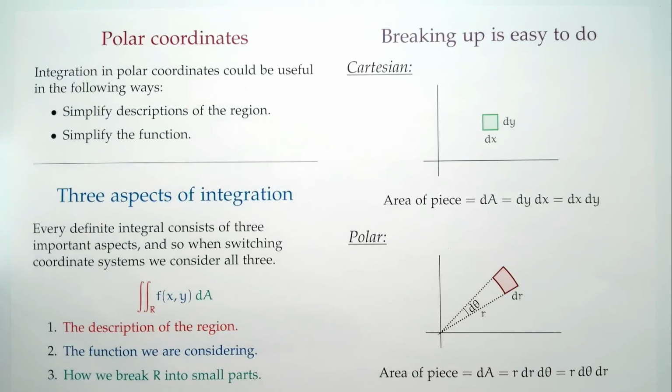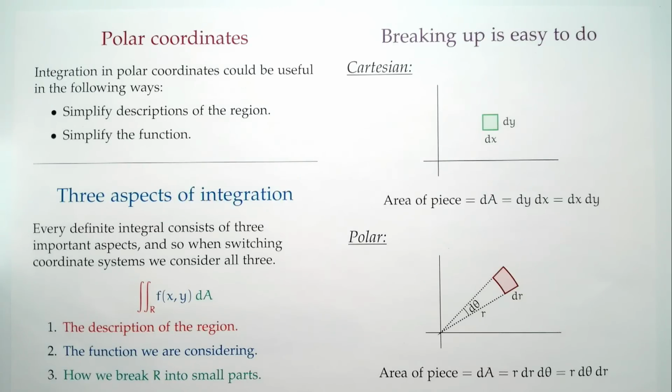It's not actually quite a rectangle because it's a bit curved. It's like we're looking at the crust on a pizza or a pie or something. There's a little bit of a bend to it. So these are the basic shapes that we're breaking up our polar coordinates into.